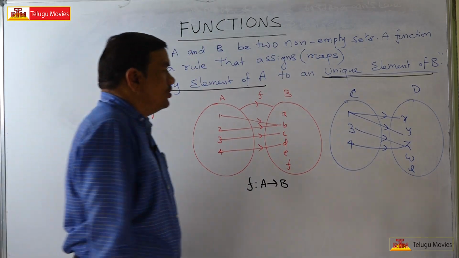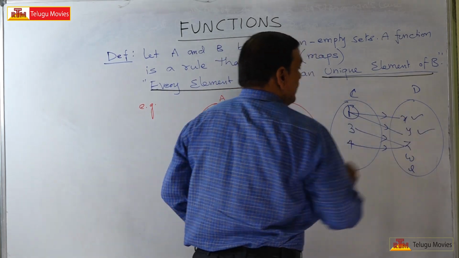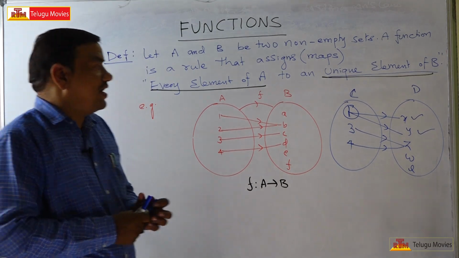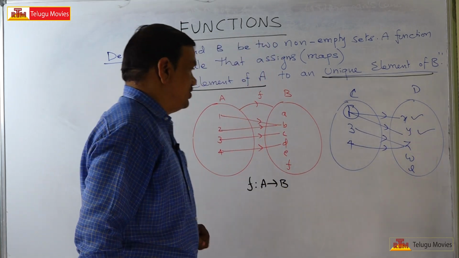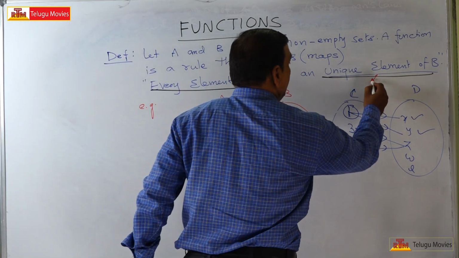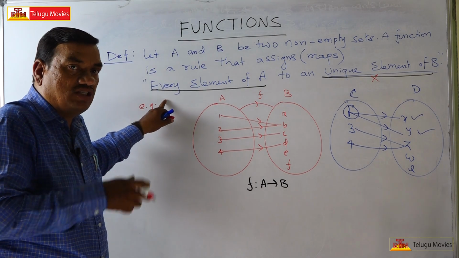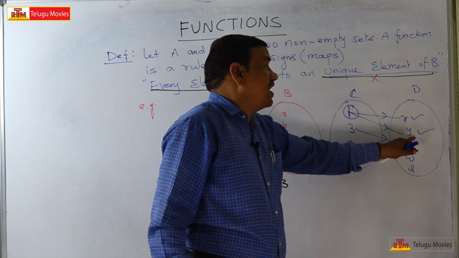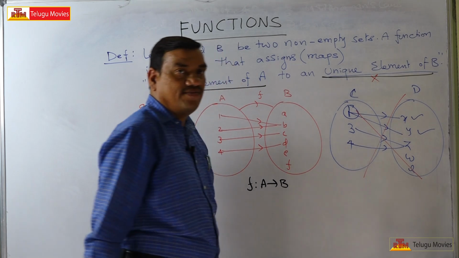If you observe here, the element 1 is attached to X and also attached to Y. That's why the second condition failed. Every element of C should be attached to exactly one element, but here it is attached to two. It is not unique. That's why it is not a function.